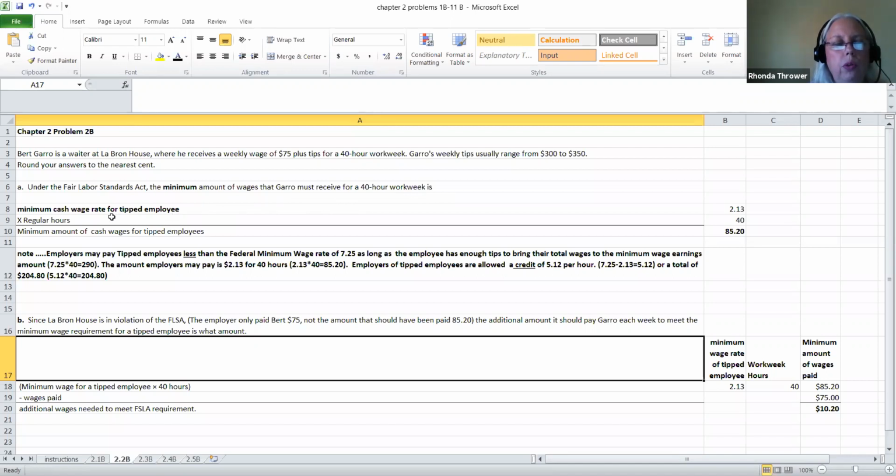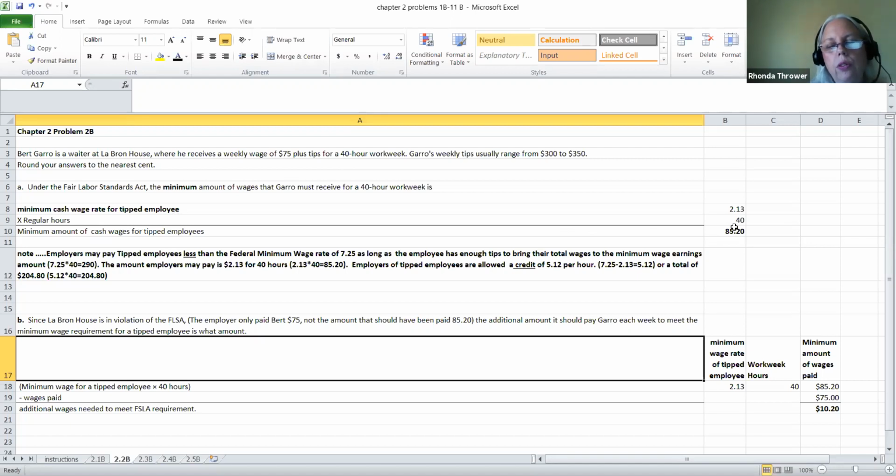So what we're going to do is take the minimum cash wage rate for a tipped employee. That minimum cash wage rate for a tipped employee is $2.13. We're going to multiply that by our regular hours, because he was working 40 hours. He's not going to be paid any overtime.